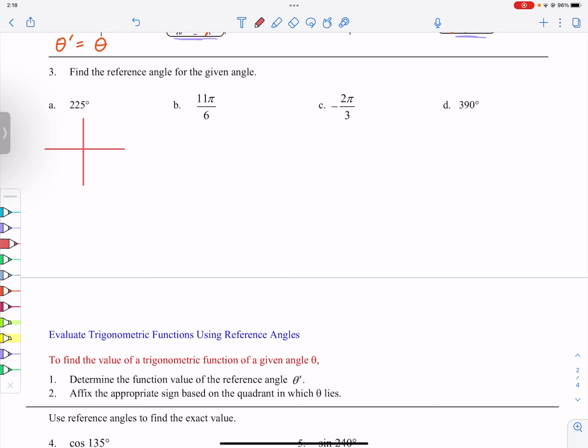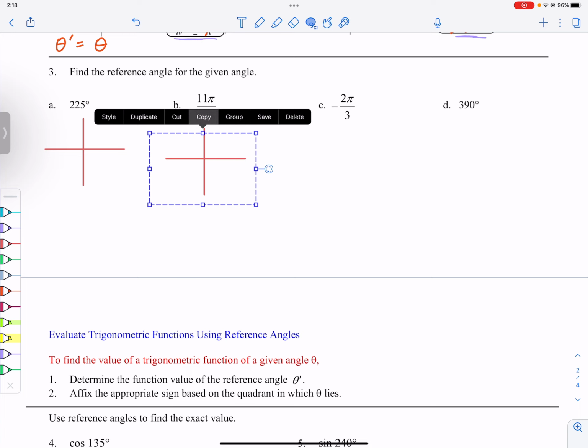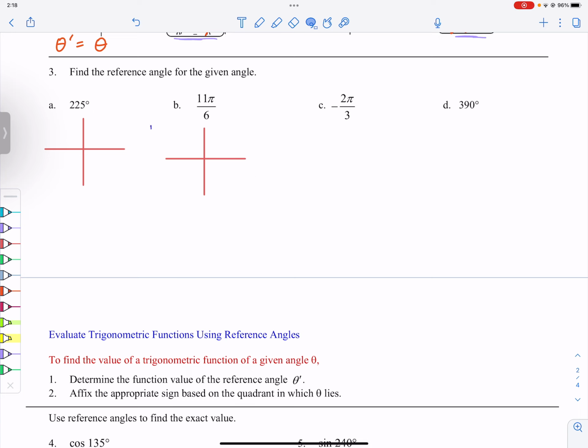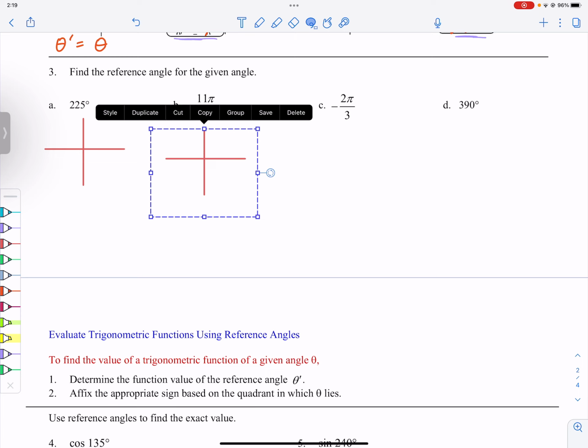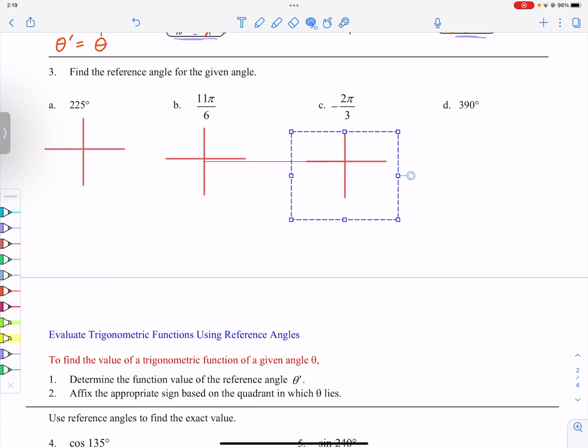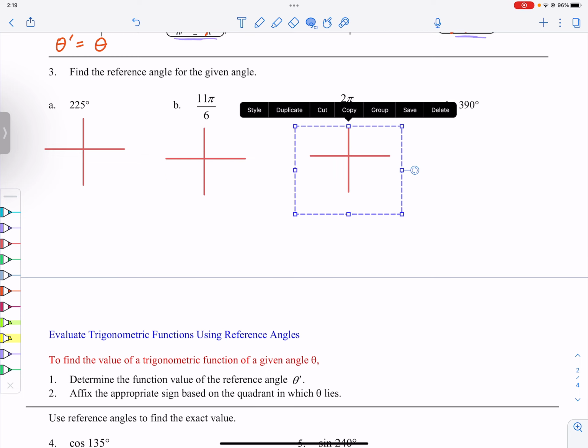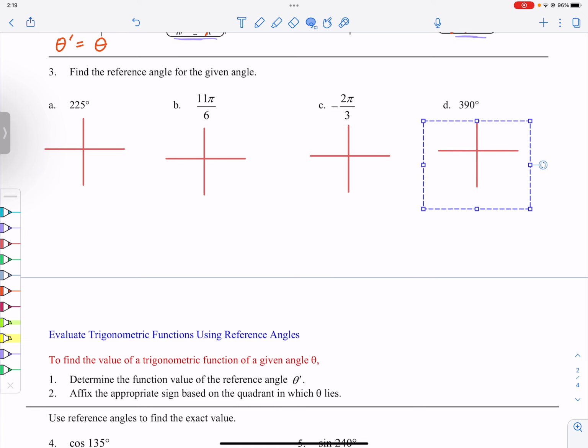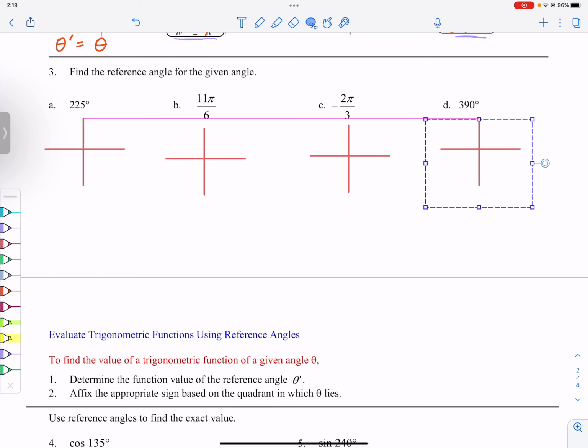And I think I'll go ahead and copy that here a few times. And then we'll be ready to go.